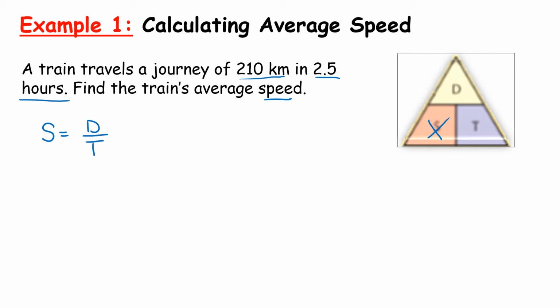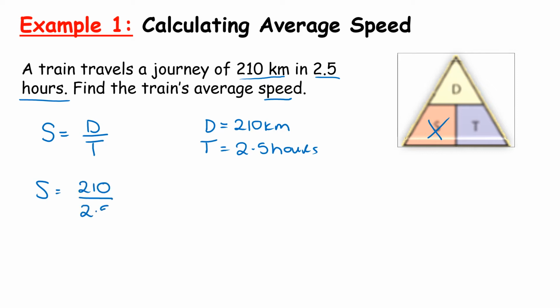And you can just use the letters. That's perfect. We have been given the distance is 210 kilometers, and the time is 2.5 hours. Therefore, speed is equal to 210 divided by 2.5, which you can put into your calculator. And that gives us 84 kilometers per hour.